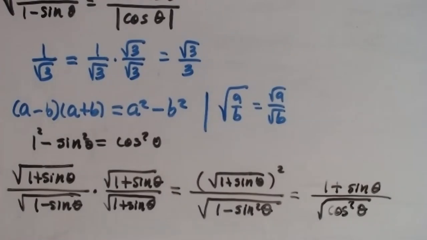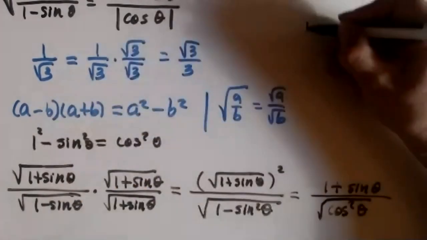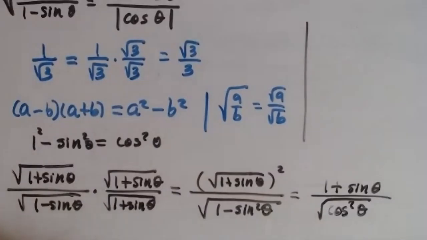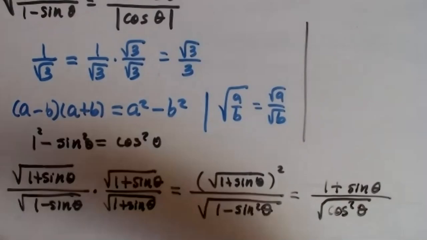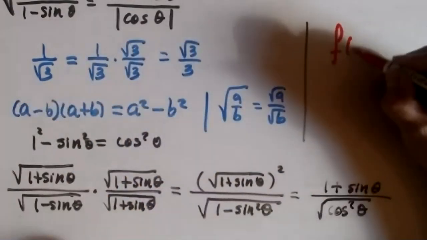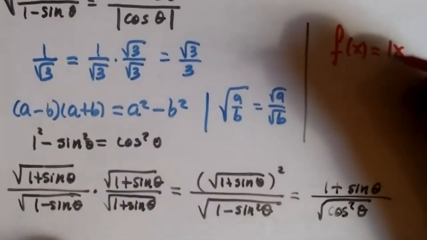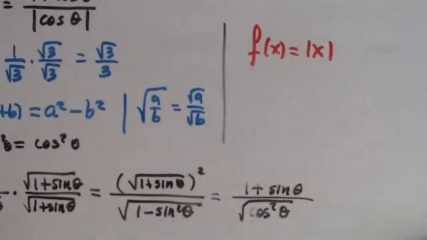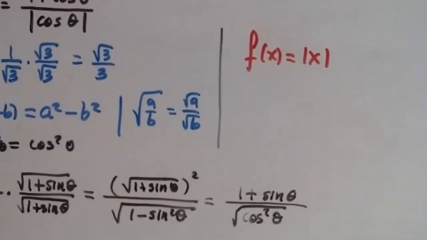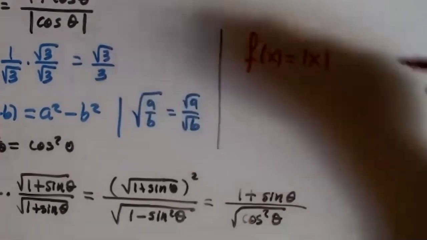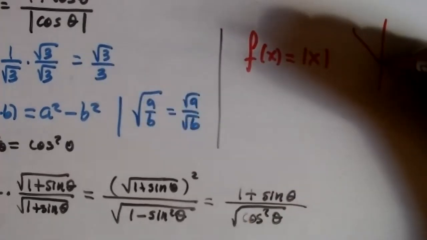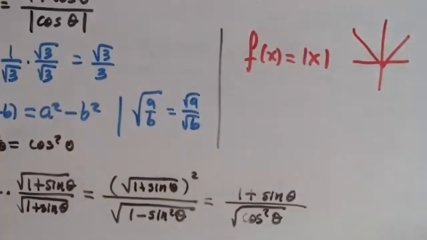Okay, now, algebra 1 again. Ready for algebra 1? Do you remember the graph of the absolute value function? You remember this graph? It's a V. Very good, it's the V, correct?